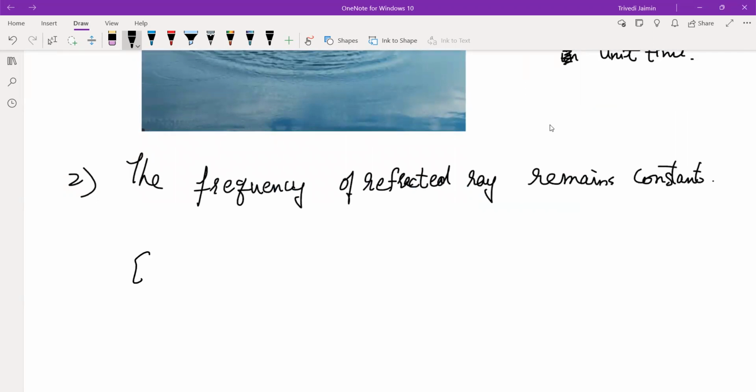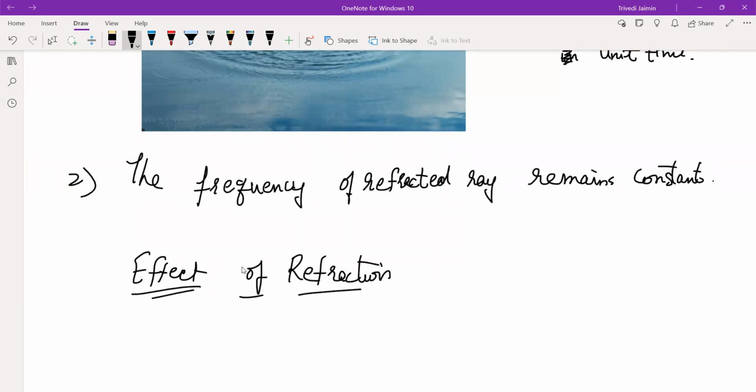Now let's say effects. What are the effects of refraction? Have you seen twinkling? Do you know twinkling of stars?